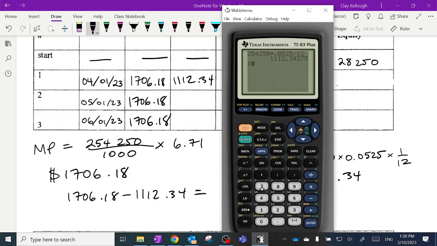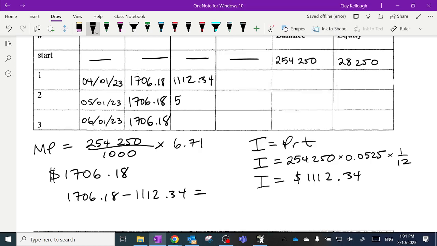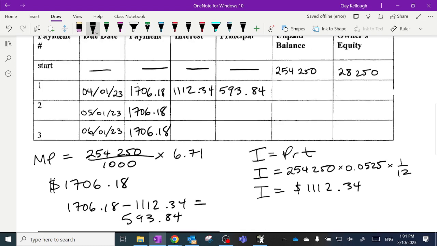So it's 1706.18 minus that last answer I had, 593.84, if I round it to hundredths. So 593.84. Now, what does that leave on the chart to figure out yet?